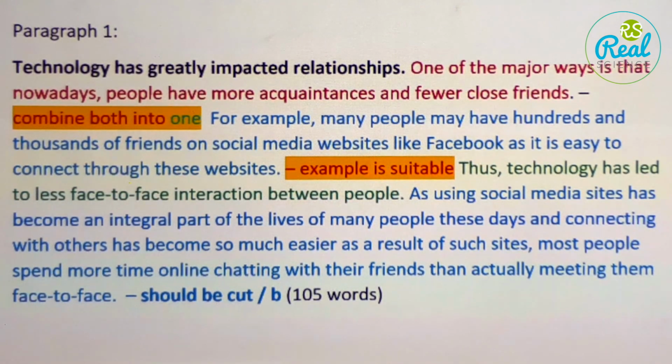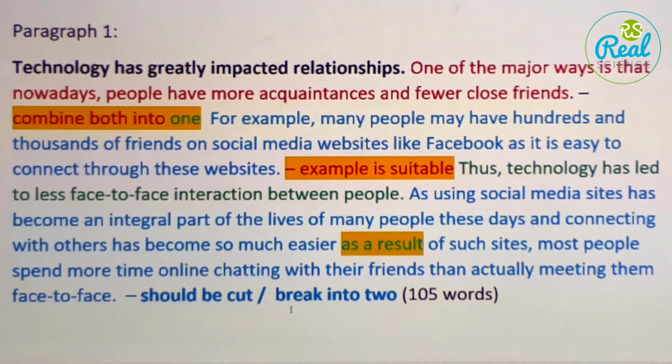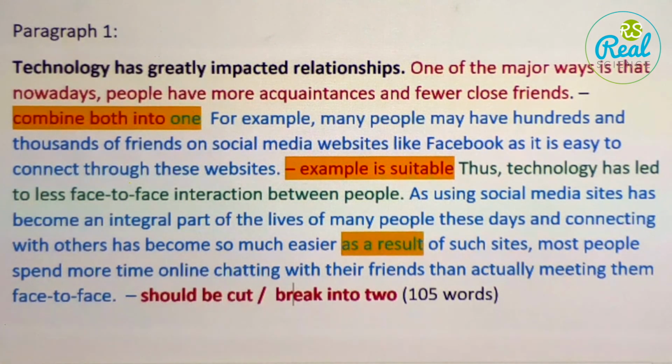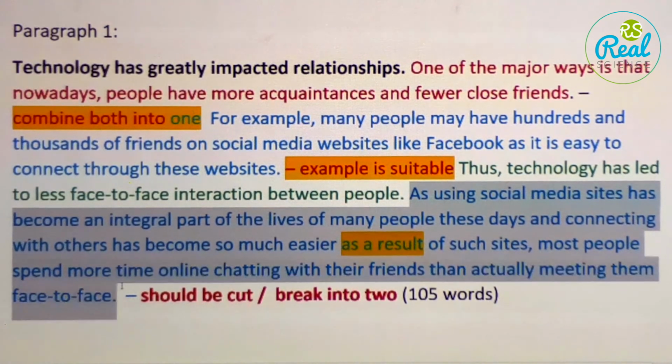Why? What do you want to say, that it can be a result? Yes, it could be separate. Okay. Make sure to avoid such long sentences, because what's the idea of this sentence?